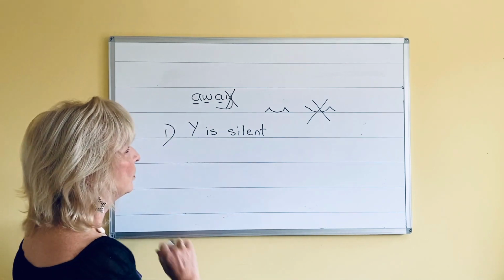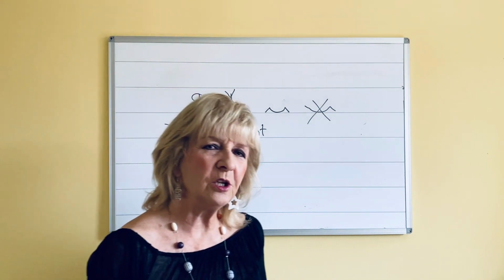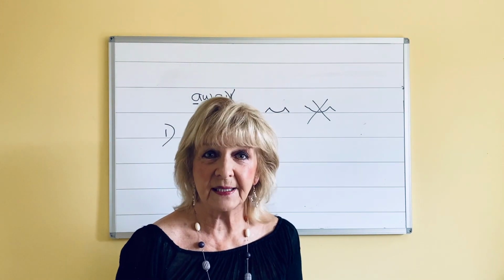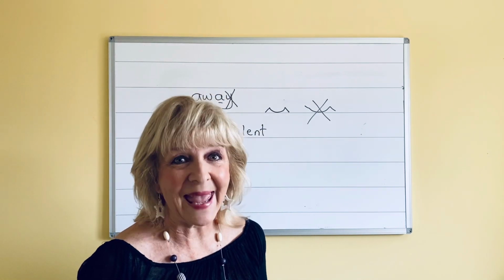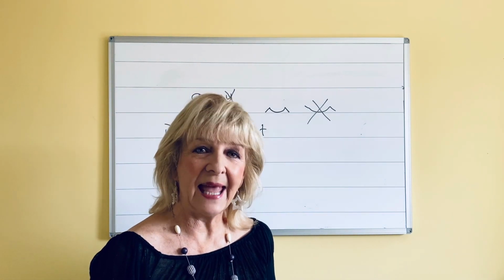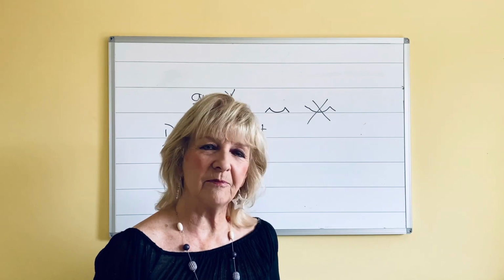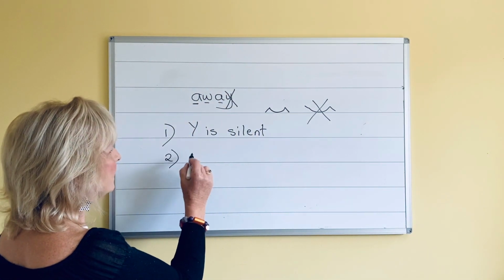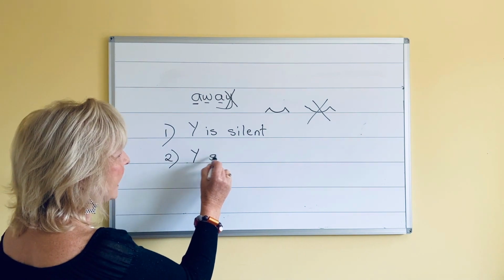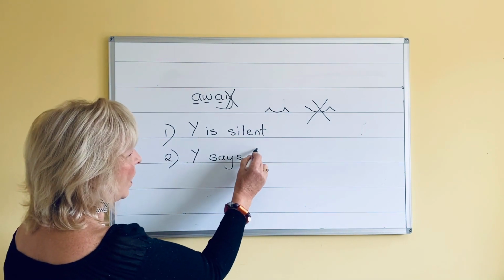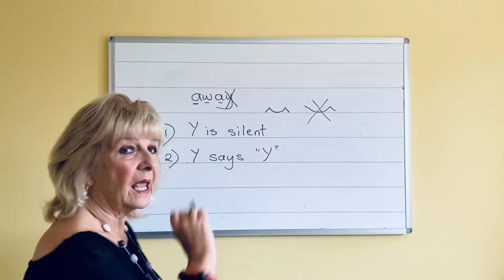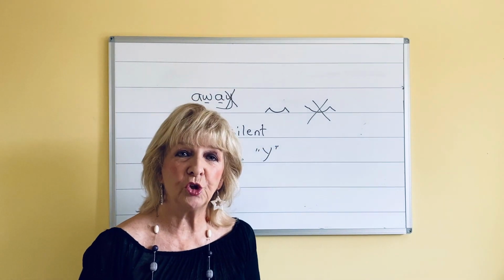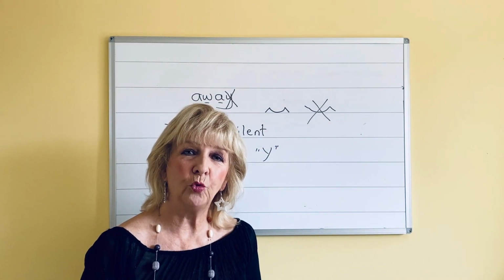So first of all then, there are lots of instances when Y is silent at the end of a word. Words like bay, say, lay, etc. You can think of many others. Second one is when Y says Y, in words like boy, joy, enjoy, royal.